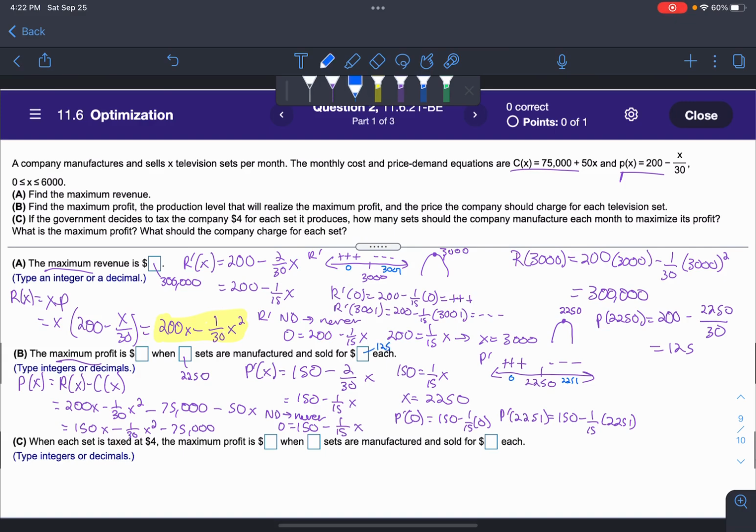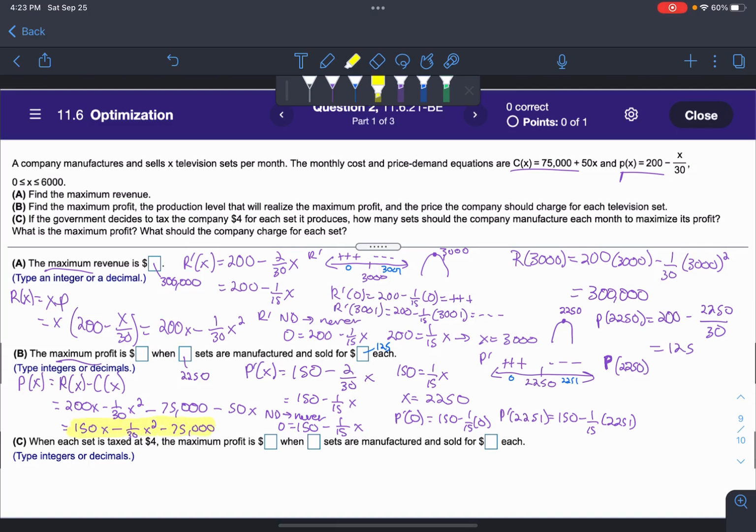And then the maximum profit, this is our capital P now. Capital P, I guess, of 2250. And now we're going to plug it into this equation, our profit.